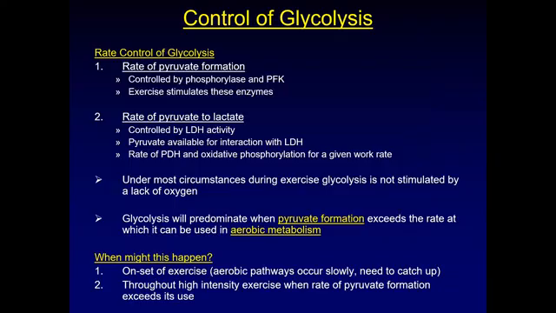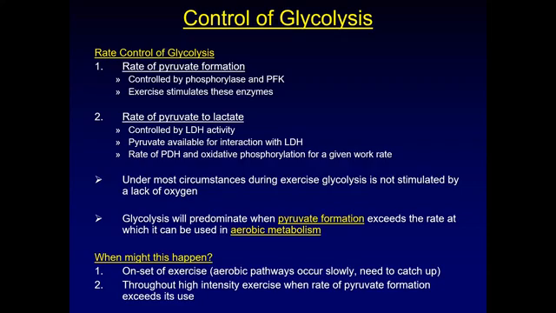Okay. So you have enzymes that control the rate of glycolysis. Primarily, we've got the rate of pyruvate formation, going from glucose to pyruvate. That's controlled by phosphorylase and PFK.